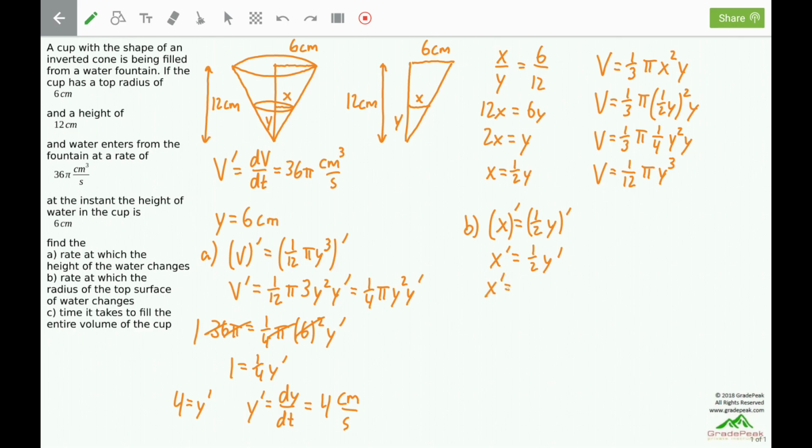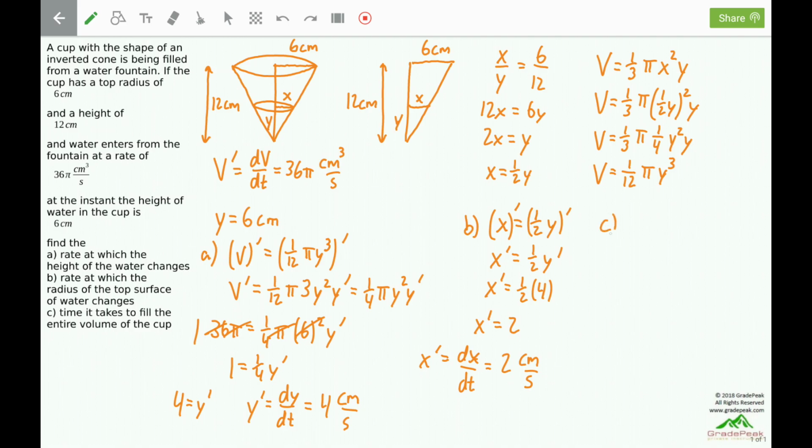So x prime is going to equal 1/2 times, plugging the y prime in, 4. 1/2 times 4 is a 2, so x prime comes out to a 2. And therefore x prime, or dx dt, is equal to 2 units of x, length, centimeters, over time, seconds. There's the rate at which the radius of the top surface of water changes.